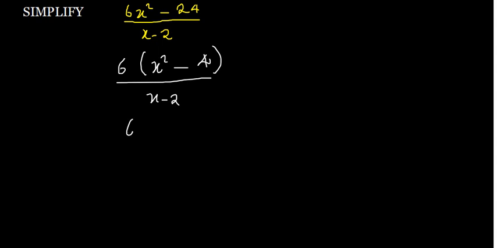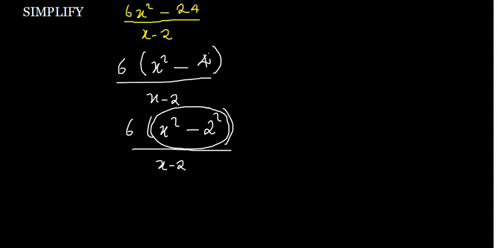This will give us 6 x squared. I'm also going to write 4 as a square. So 4 is the same as 2 squared. Then down we have got x minus 2, right? So this thing here is the difference of 2 squares. So we can as well write this as 6, x squared minus 2 squared can be written as x minus 2, x plus 2.